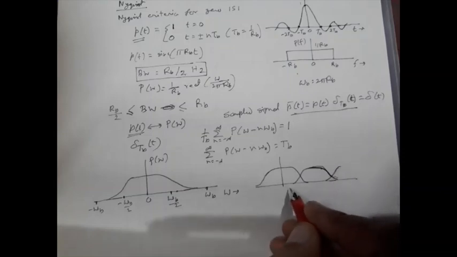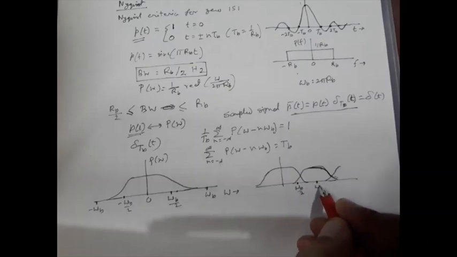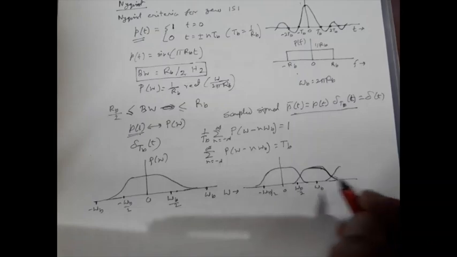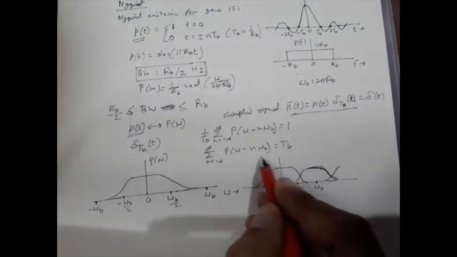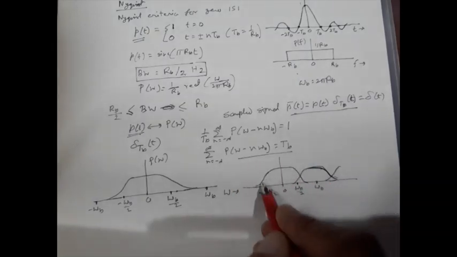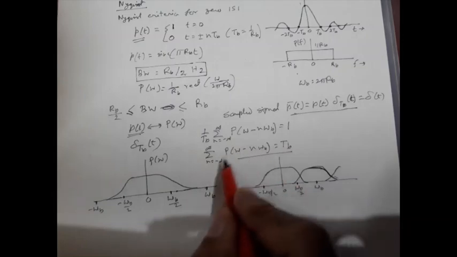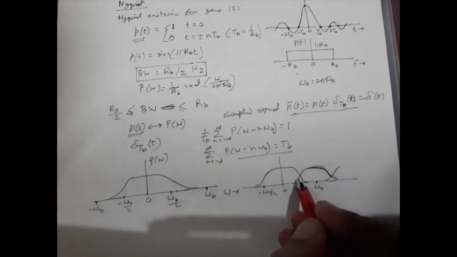So this one is somewhere here, omega b by 2, omega b, minus omega b by 2, and so on. So this criteria must be satisfied by this pulse. Now if you see this figure, you can see that this summation takes place over a maximum of 2 pulses right here, otherwise there will be a single pulse.